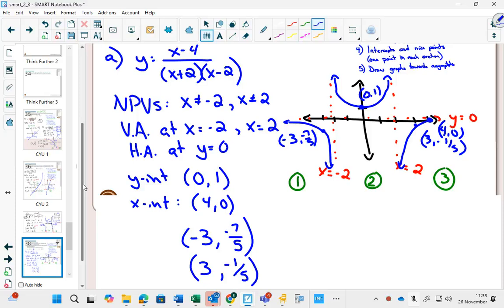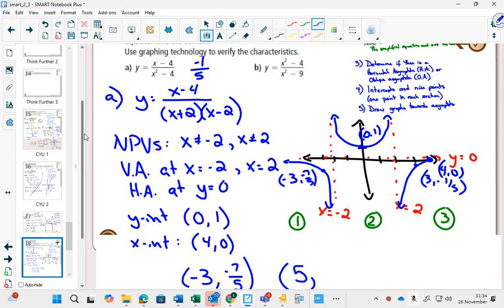I still also don't really know what's happening to the right of that 4 comma 0. So I might put in another nice point of 5. Is it going to go through and go above, or is it going to bounce off and go below? Well, we'll find out.